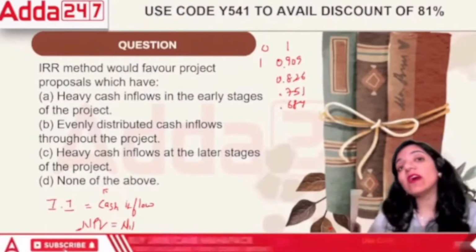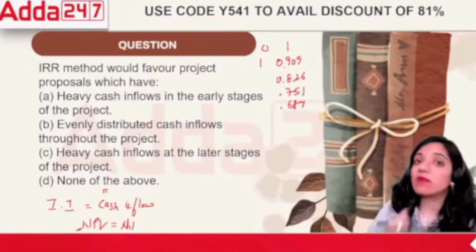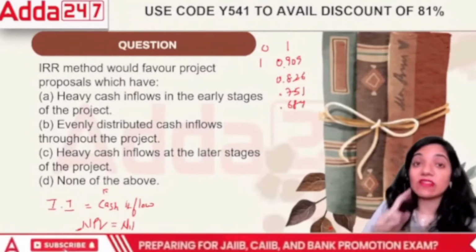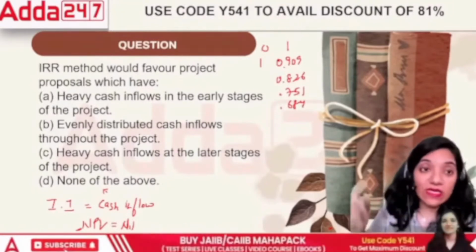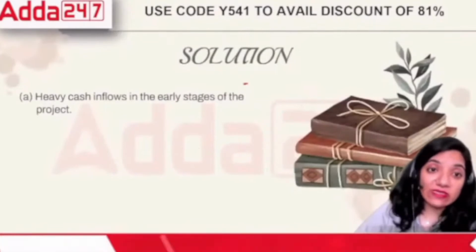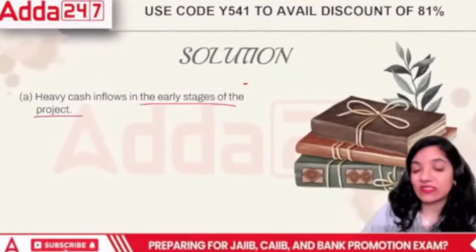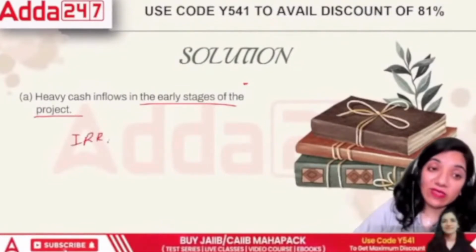But if both are higher, that means the cash flow is higher as well as the PV factor is higher, ultimately the answer will also be higher, because in multiplication, two higher terms will give another higher term. In this case, the correct answer would be A. Heavy cash inflows in the early stages of the project. This is the case where the IRR will be high.